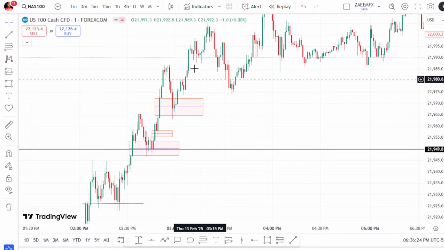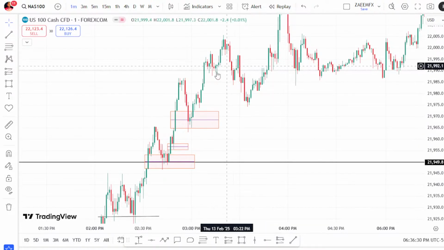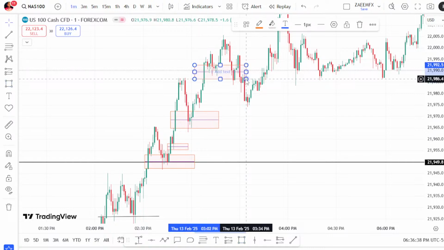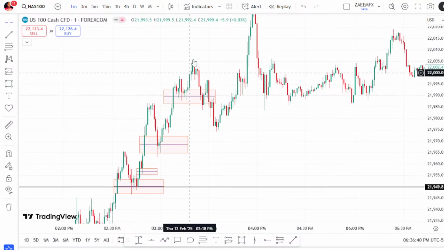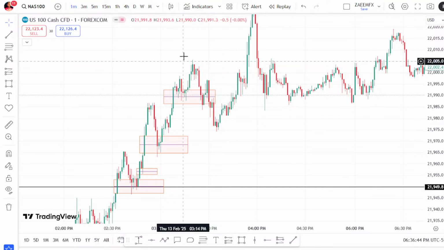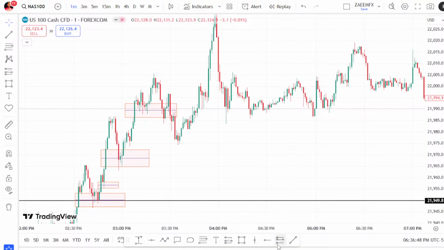So we have entered here. This fair value gap, the market hit it, went up, then we traded deeper into this range and the market continued. You see this, another entry.